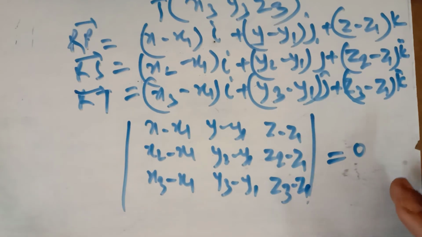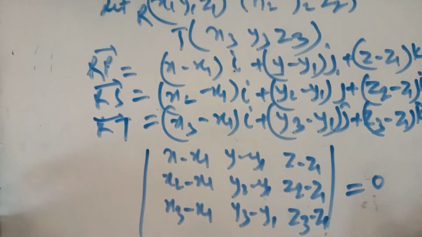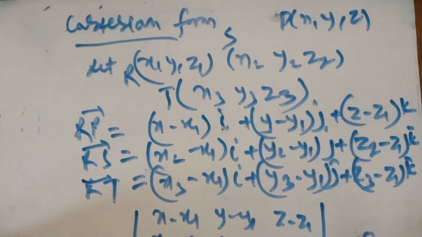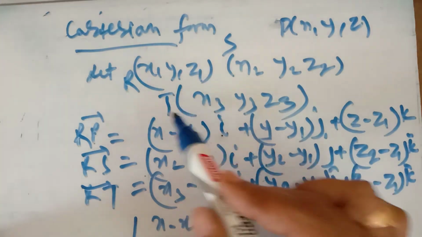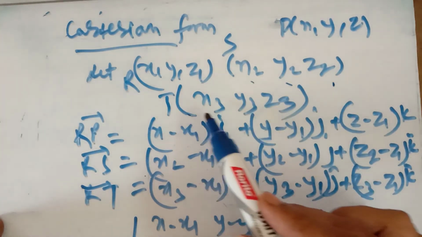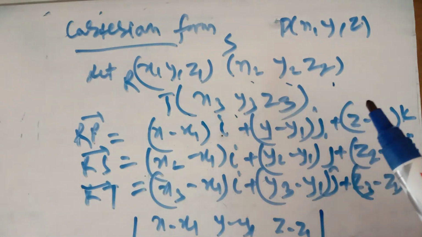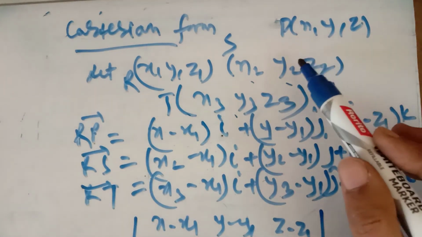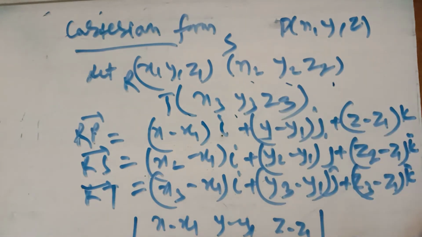This is the equation of the plane through the three known collinear points in the Cartesian form, where x1, y1, z1 are the coordinates of the point R, x2, y2, z2 are the coordinates of the point S, and x3, y3, z3 are the coordinates of the point T, and the coordinates of any point in the plane are x, y, z.